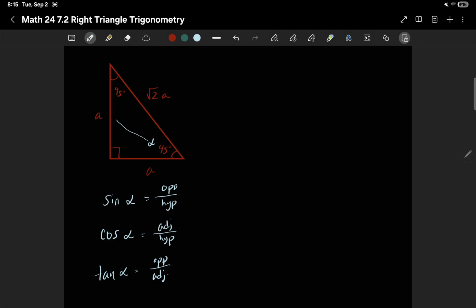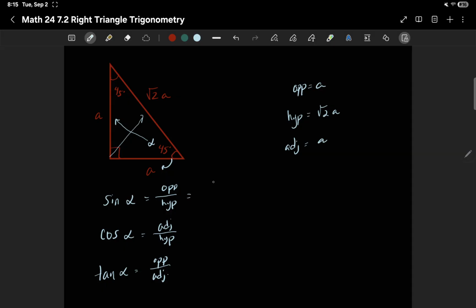The opposite side is A. The side opposite the 90-degree angle, which is the hypotenuse, is going to be root 2 times A. And the adjacent side, the side that's next to, but not the hypotenuse, is also A in this case.